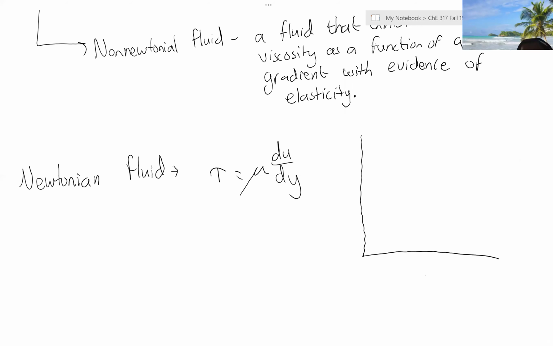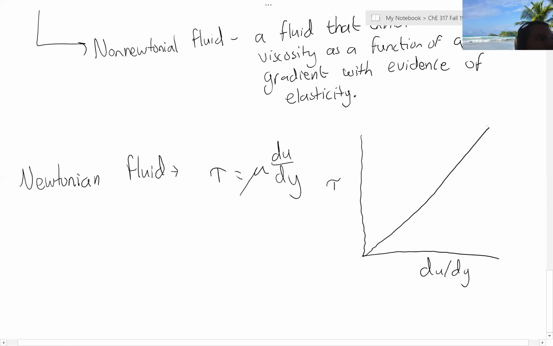On a graph of flow gradient and shear stress, a Newtonian fluid is going to demonstrate this linear behavior directly tied to having this nice constant viscosity. However, if this behavior in terms of shear versus velocity gradients is nonlinear, we consider anything outside of that trend a non-Newtonian fluid.